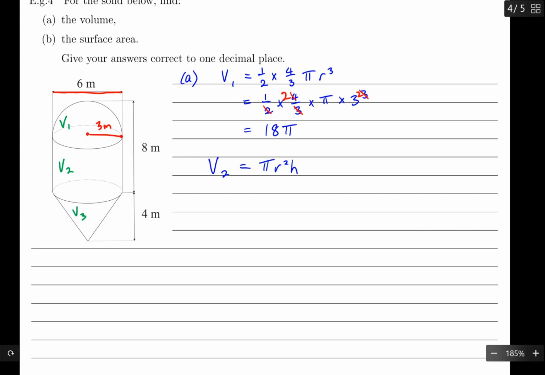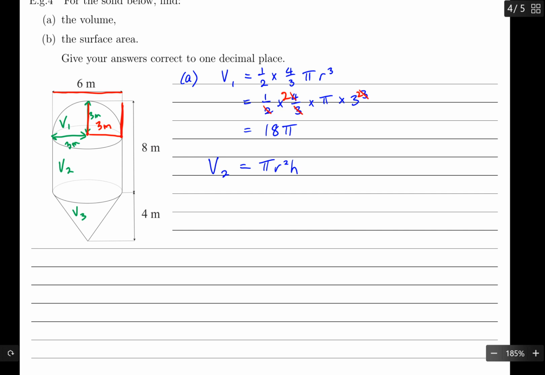If you have a look at the radius above, the radius was 3. Now, I didn't need to draw the radius there. I could have drawn the radius over here, which would also be 3. I could have also drawn it here, and that would also be 3. So if you look at what's actually happening, this distance here is 3 meters, which is the same as this distance here.